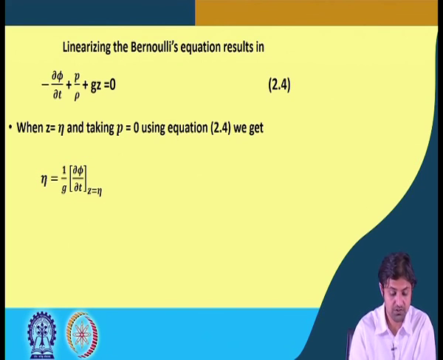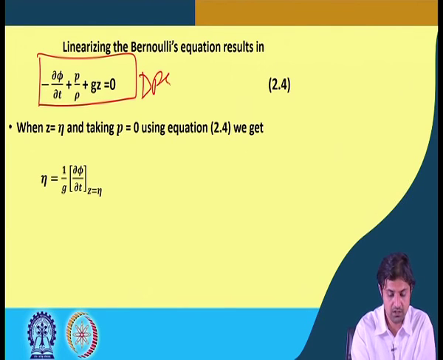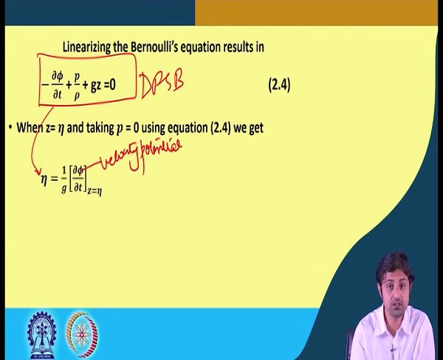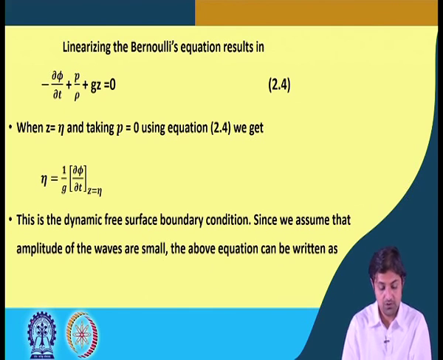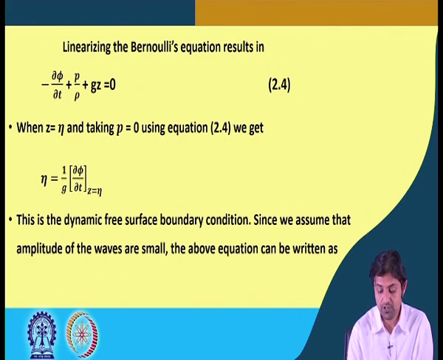So eta, which was unknown from before, using this dynamic free surface boundary condition, we have been able to write as a function of velocity potential. You see how important that tool was. So this is the dynamic free surface boundary condition.